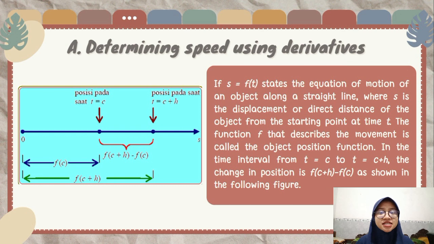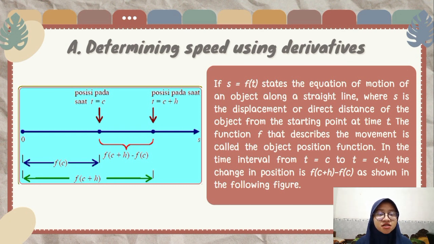The image is an image of the s function. The first point shows the position at time t equals c. So the time is c, with c being a number. The second point is the position at time t equals c plus h.